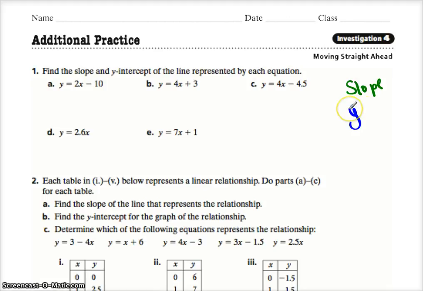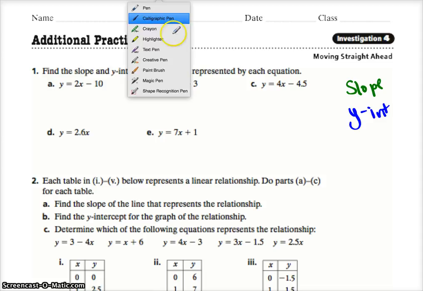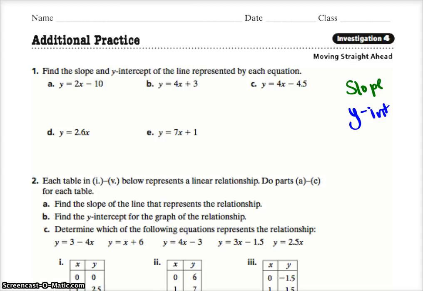I'm pretty consistent with this, so I want to try and keep it consistent. So I'm going to just do highlighters, it's easier that way. Highlight slope in green, y-intercept in blue.